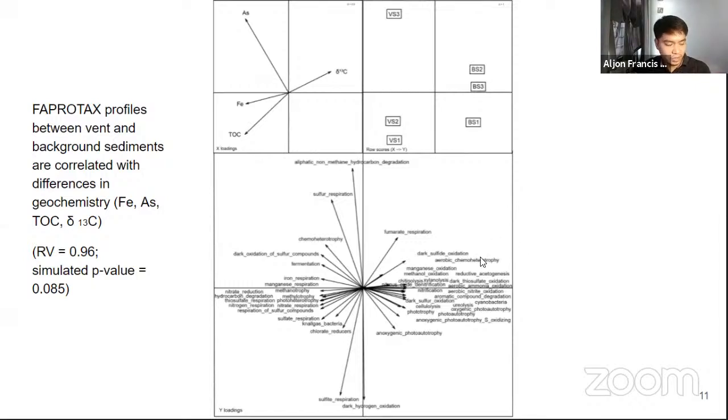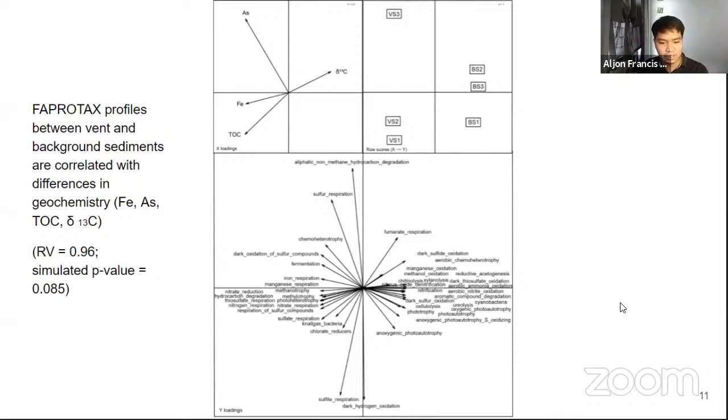So there must be, or there could be some methane in there that we have yet to measure. And there's also the knallgas bacteria, those that use up hydrogen for their energy. And we see that these groups that we were able to find correlate with vent geochemistry, the high iron, high arsenic, depleted organic carbon, and high organic carbon.